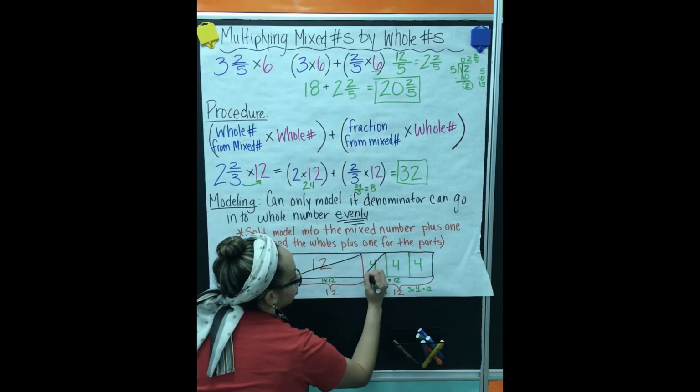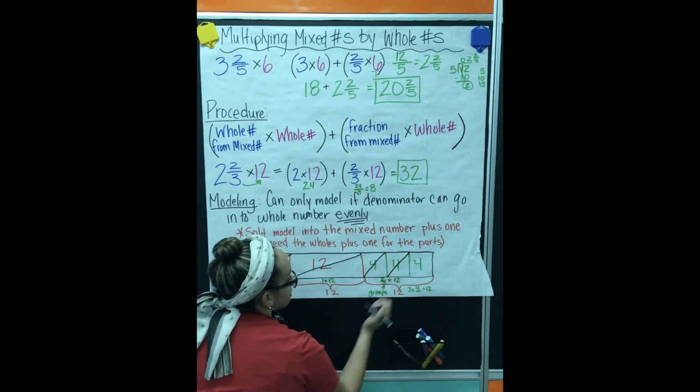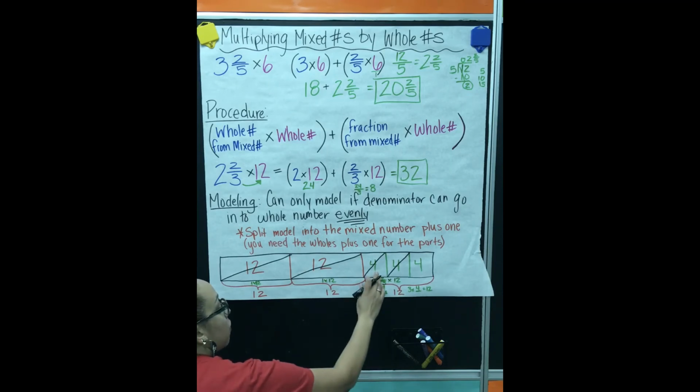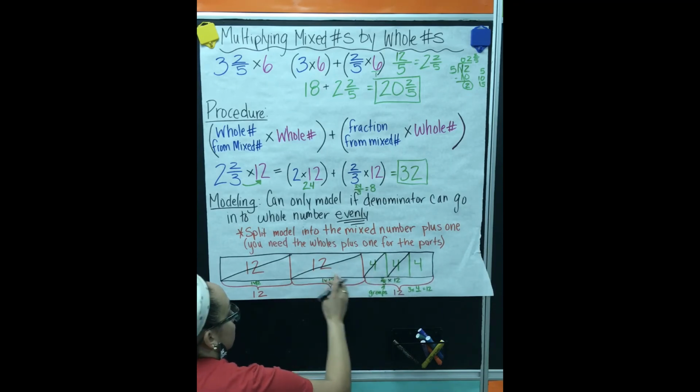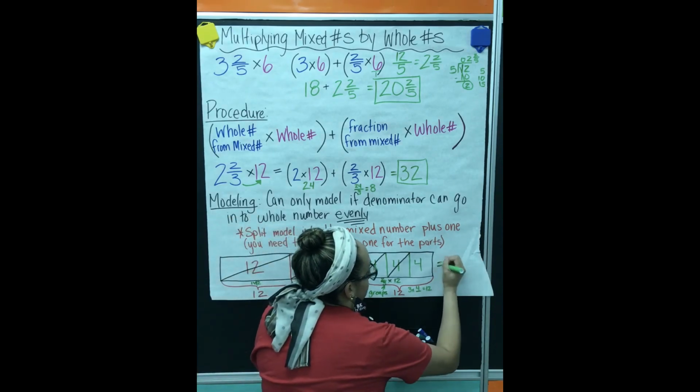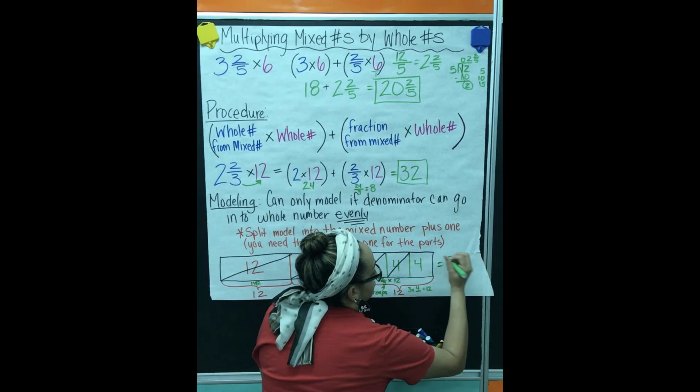We're going to take 2 of the 3 pieces. So now we have 12 plus 12 is 24, and then we have 4 plus 4 is 8. 8 plus 24 equals 32.